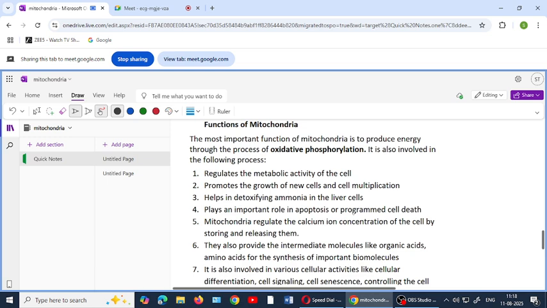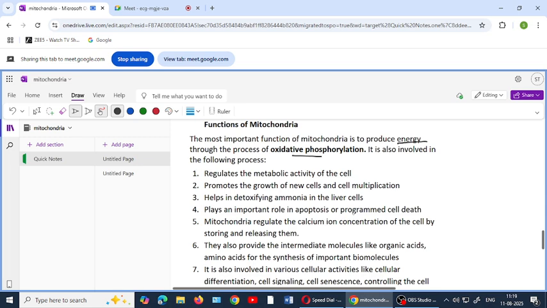And next is the function of mitochondria. Mitochondria have lots of functions because it is one of the major components of the cytoplasm. The main function is oxidative phosphorylation, because through this process mitochondria produce energy.